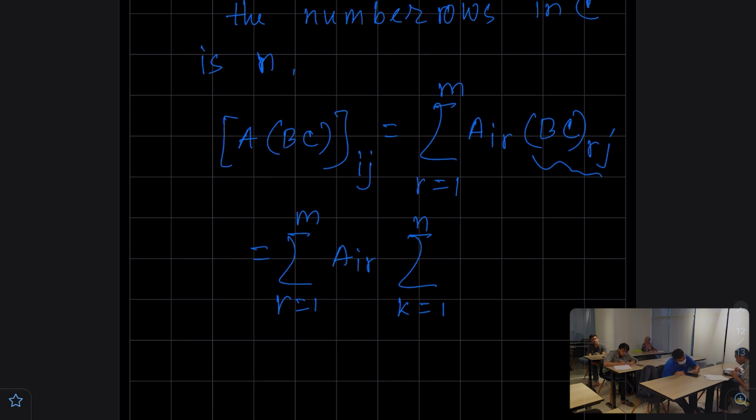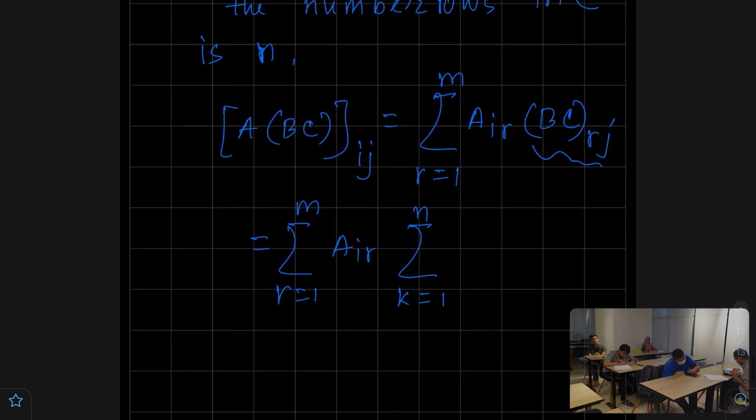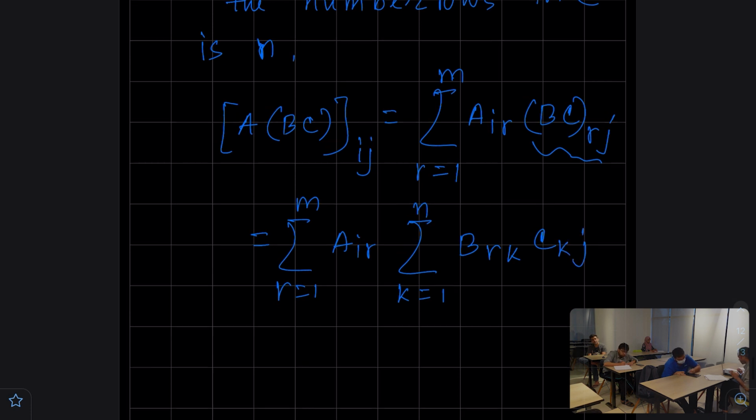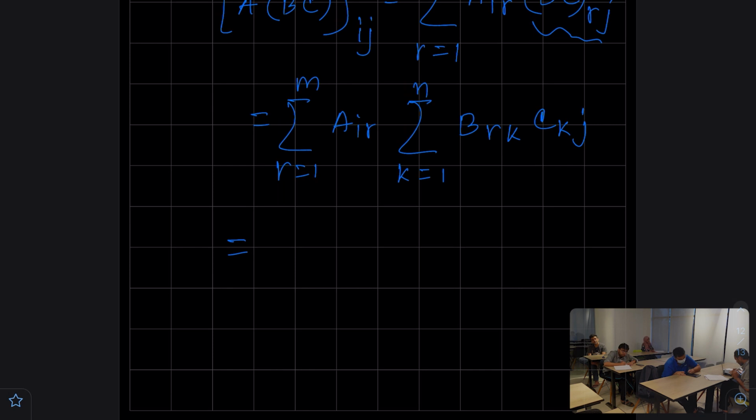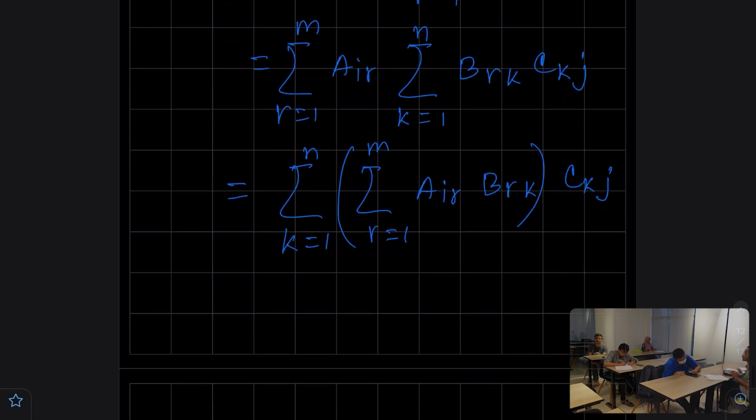So this is B r k C k j. I can take the summation out and write k equals 1 to n, then r equals 1 to m, A i r B r k C k j, and I can bracket it.